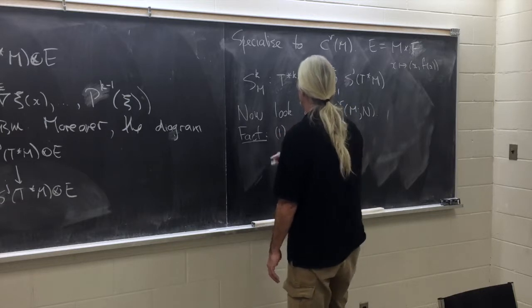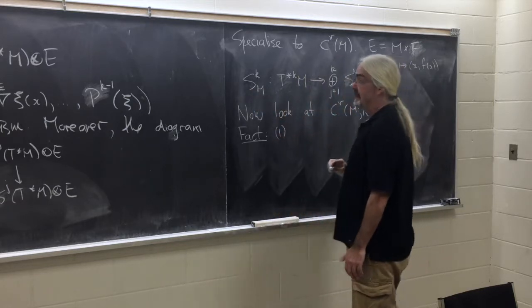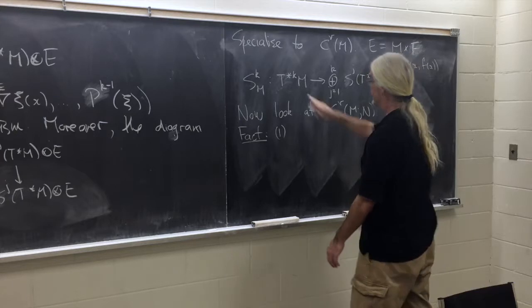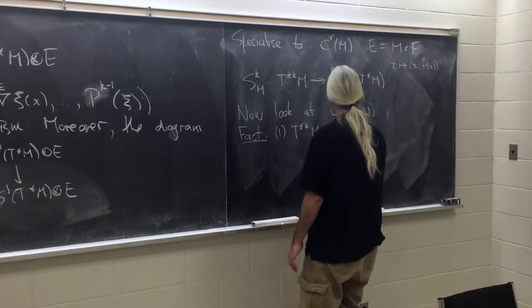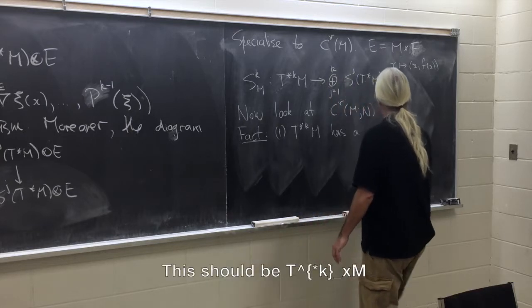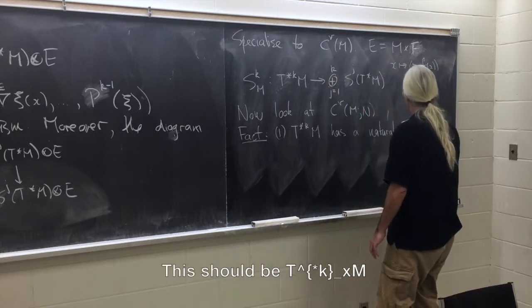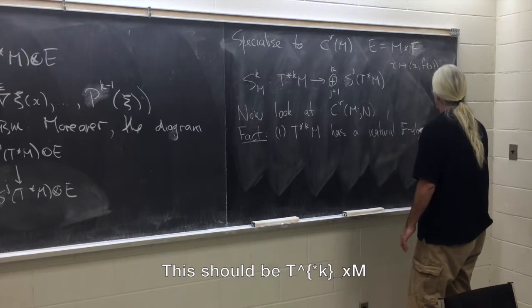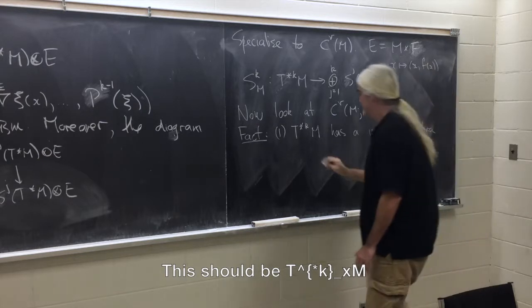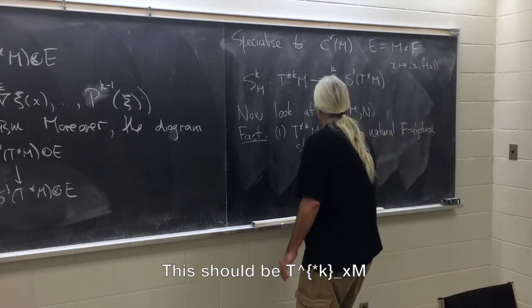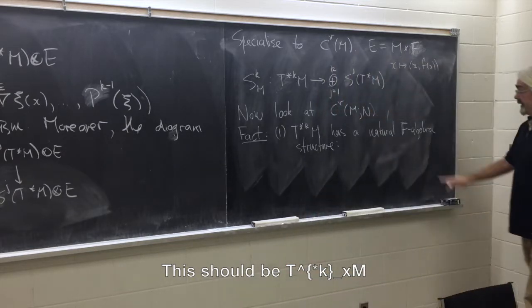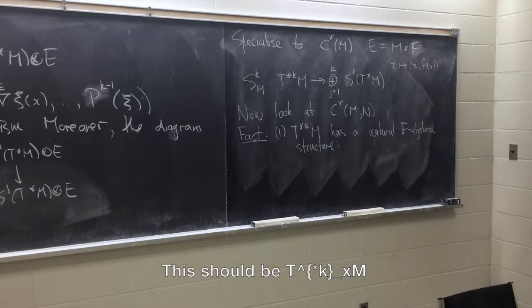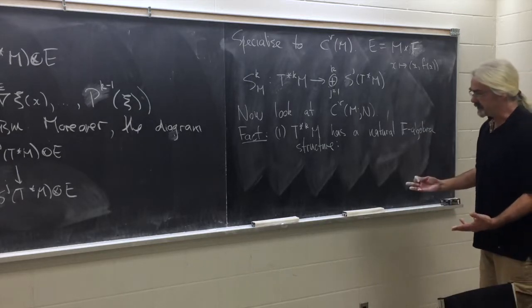So the first one is going to be that this thing has the structure of an algebra over F, and it has the obvious.